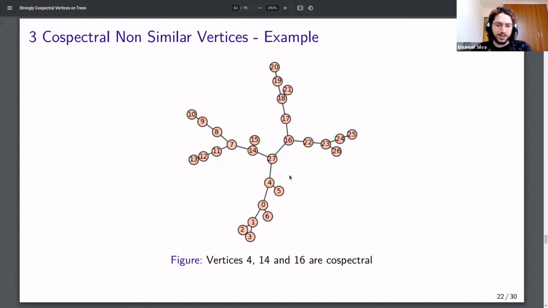So there are lots of examples, but unfortunately, if we connect just this way with S3 in the middle, the three vertices are just cospectral. They are not strongly cospectral, which made me a little sad. But what we're going to see now is why the three vertices are not strongly cospectral.